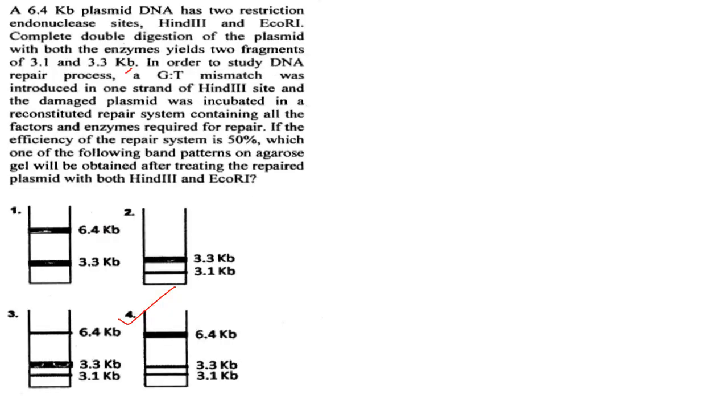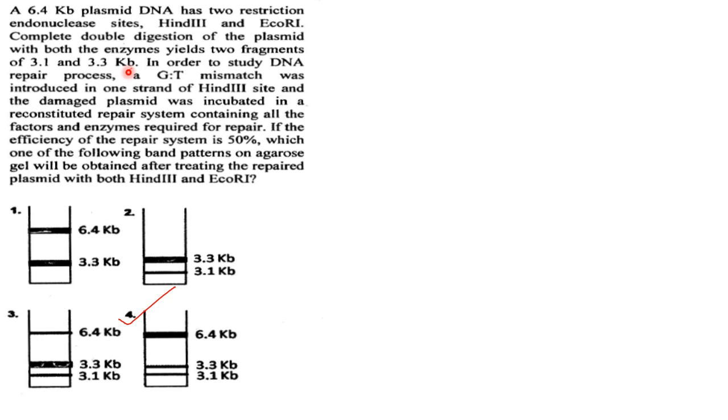So coming to the next question, a 6.4 kb plasmid DNA has two restriction endonuclease sites, HIN3 and EcoR1. Complete double digestion of the plasmid with both the enzymes yielded two fragments, 3.1 and 3.3 kb.